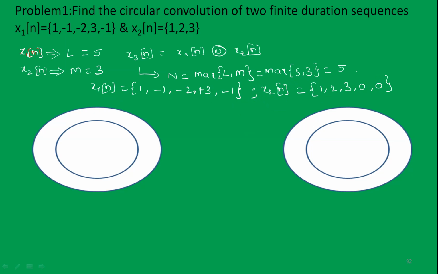Now coming to the first method, the concentric circle method.